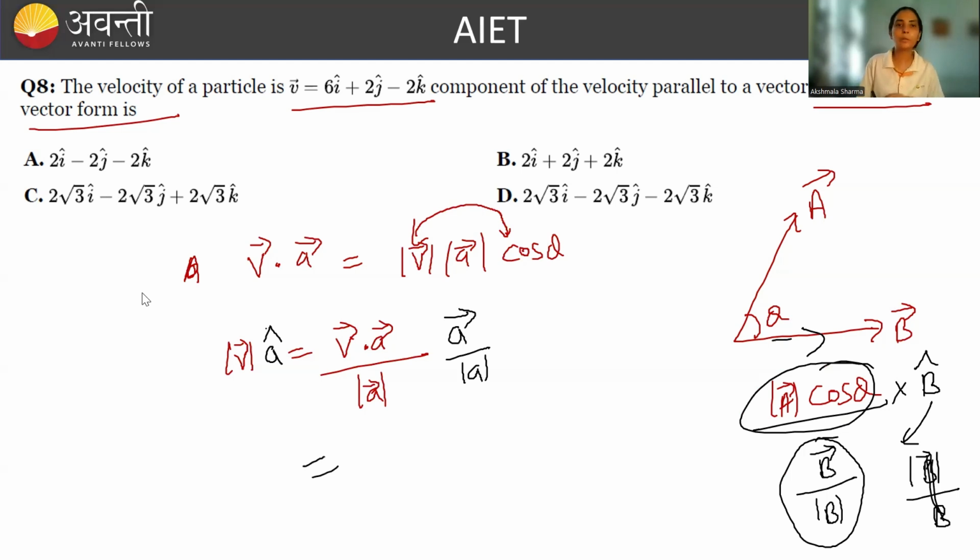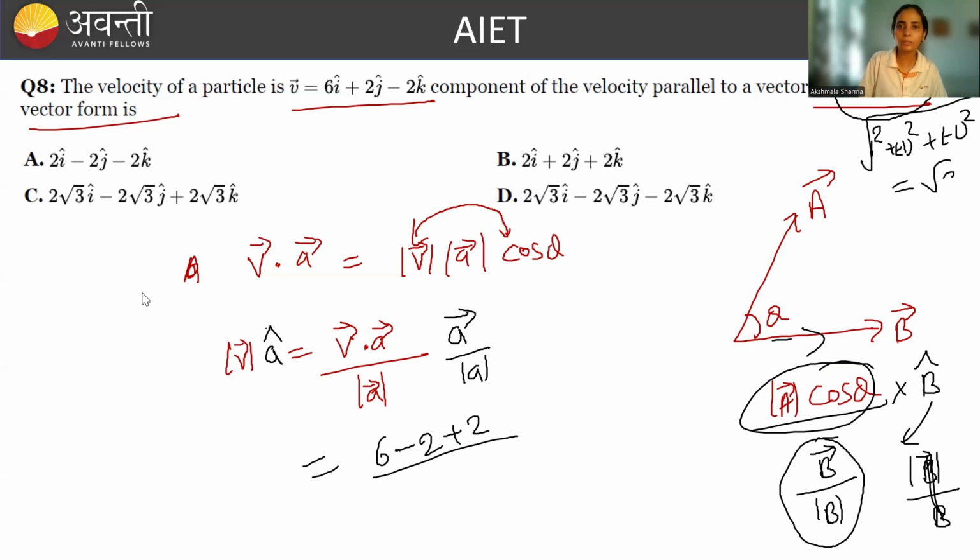If you do V dot A, what answer are you going to get? And I'm going to do it fast because you all must have done it already. The I components will get multiplied, so 6, and the J components, 2 times -1, so 6 minus 2, and here -1, that is +2. So this divided by mod A. This is A, what will be its mod? Square root of 1 square plus -1 square plus -1 square.